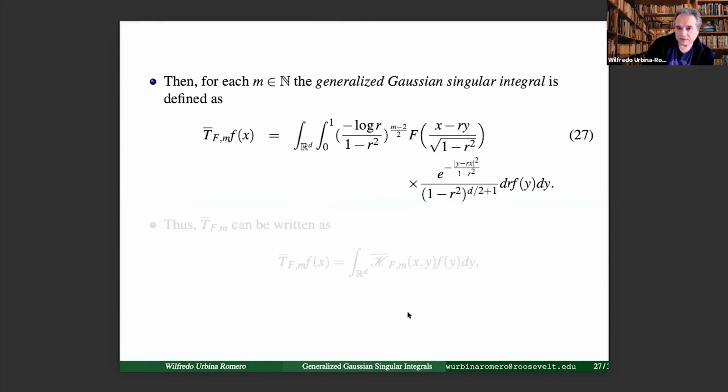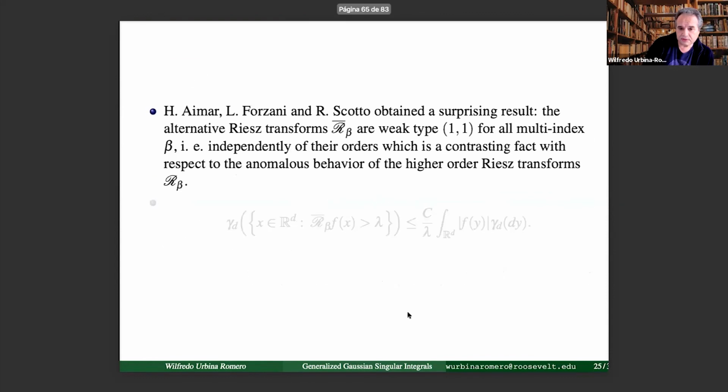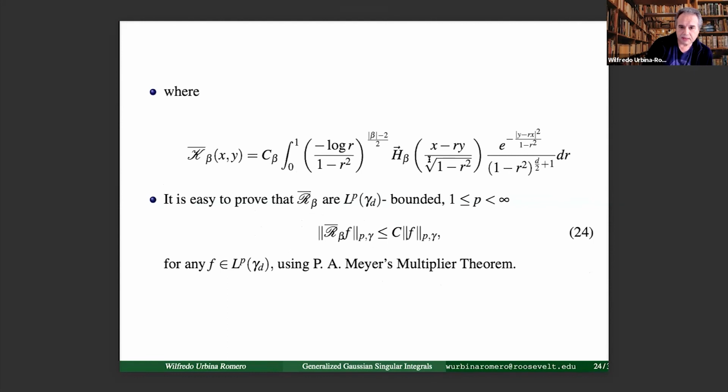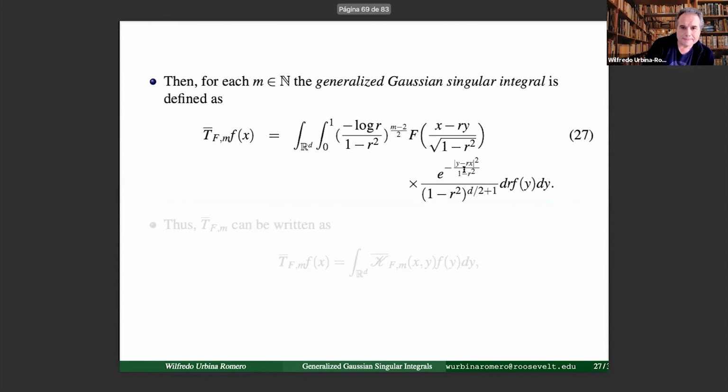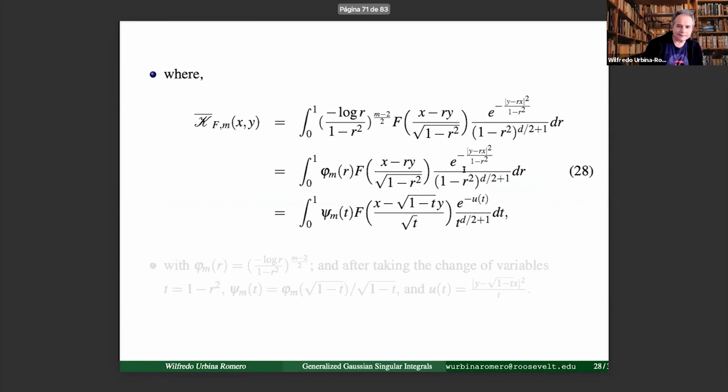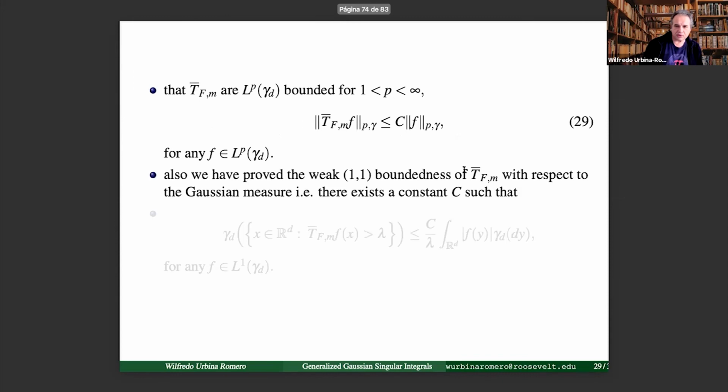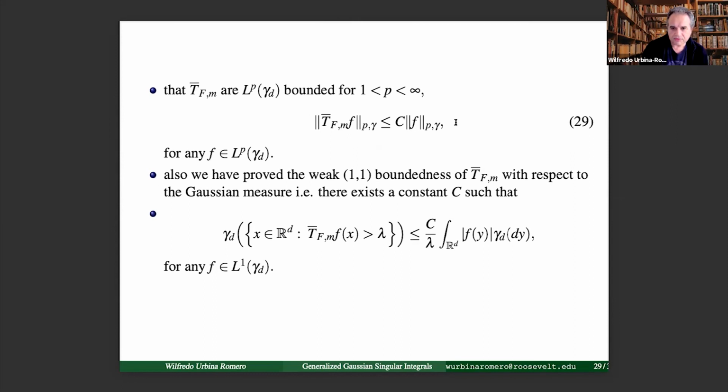We define, using the same idea and replacing this guy by f, the generalized alternative Gaussian singular integrals. And well, it works. It took a while to make it work, but it works. We proved that it is always LP bounded and it is weak 1-1 too.